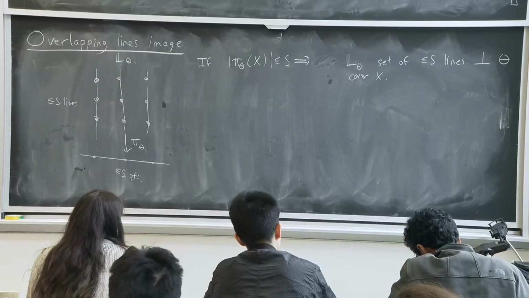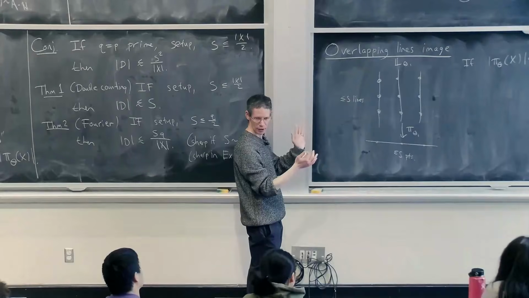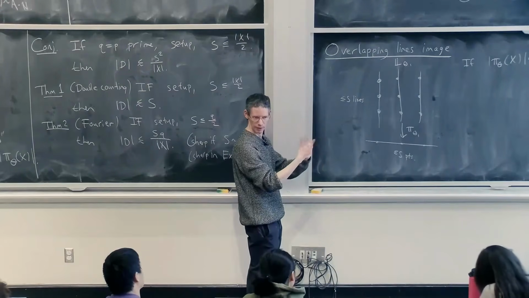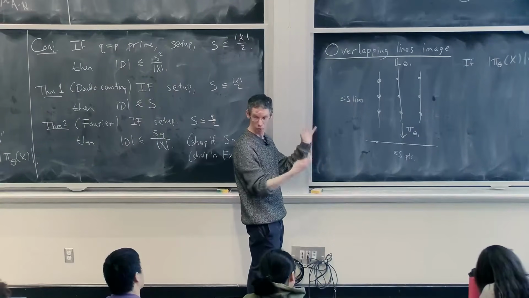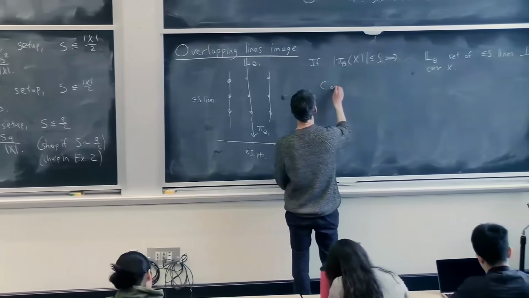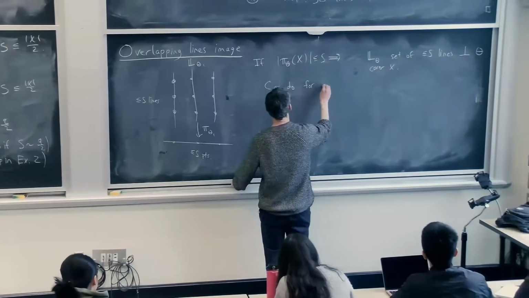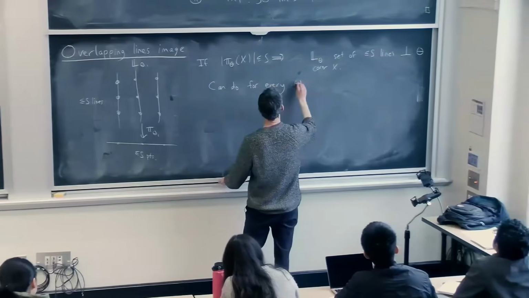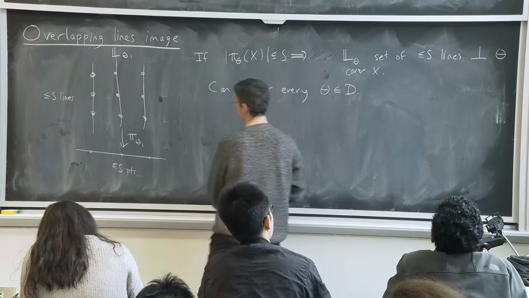Now if I have many small projections, I can do this in many directions. So I'll have sets of lines in different directions, and I'll cover x many times. I can do this for every theta in my set of directions.